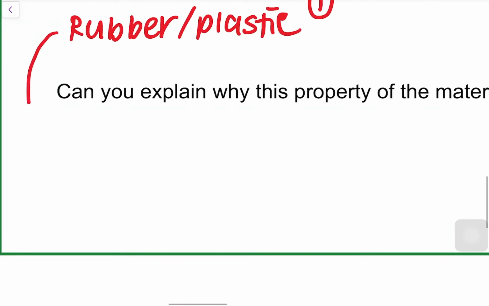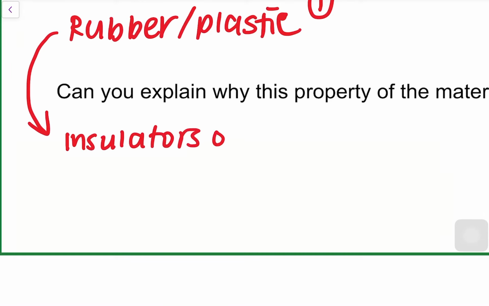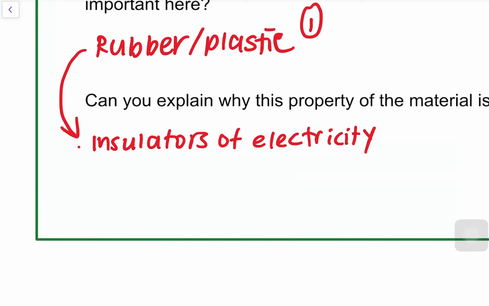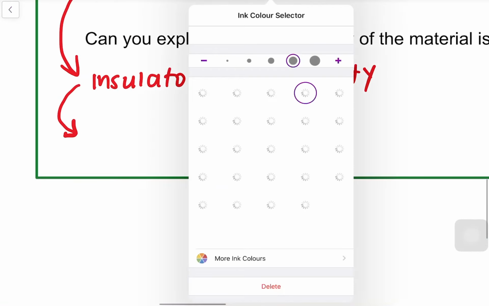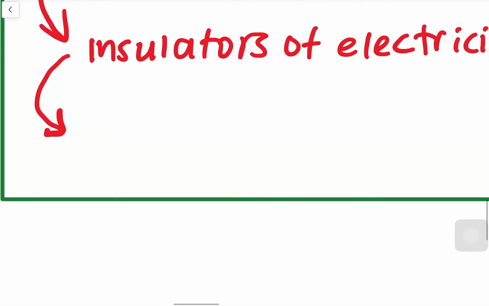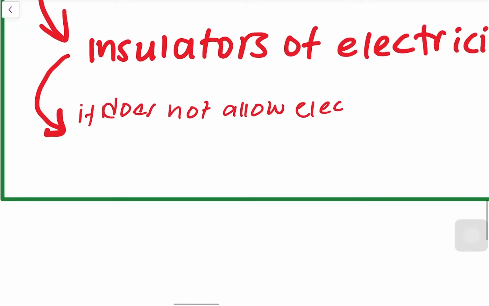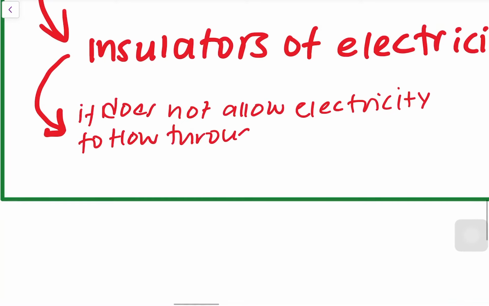Like I explained, both of these materials are insulators of electricity. That is their property. So why is this property important? It does not allow electricity to flow through them.